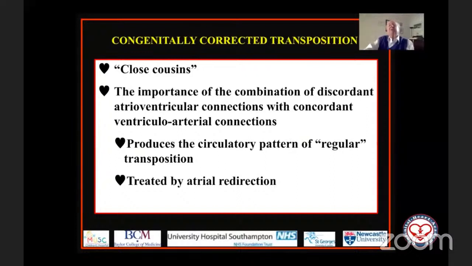So in this setting, the surgeons will be doing a Senning or a Mustard procedure. The key feature is that despite the concordant ventriculo-arterial connections, the arterial trunks leave the heart and enter the mediastinum in parallel fashion. And so that is how I like to describe this: concordant ventriculo-arterial connections with parallel arterial trunks.